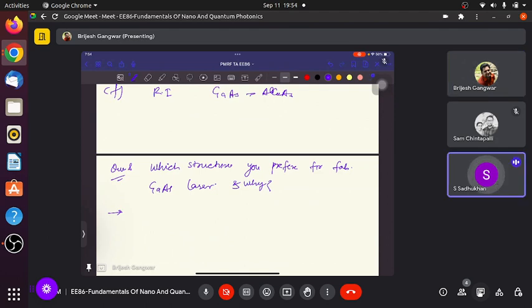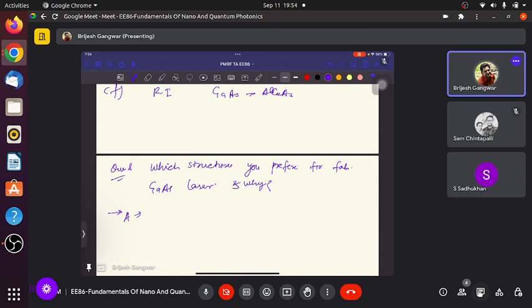For lasing, I think the first one would be suitable because the electrons will be trapped whenever we are giving some current. Okay, so it will help to create the population inversion in the middle. We have GaAs in the middle between the metal gases.